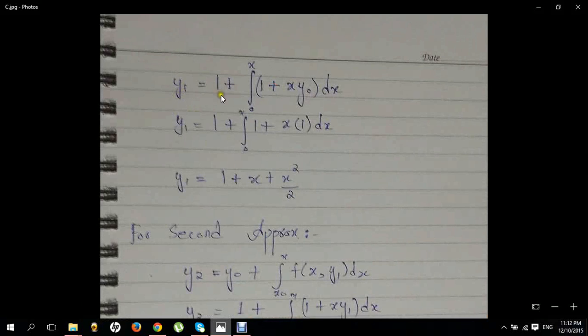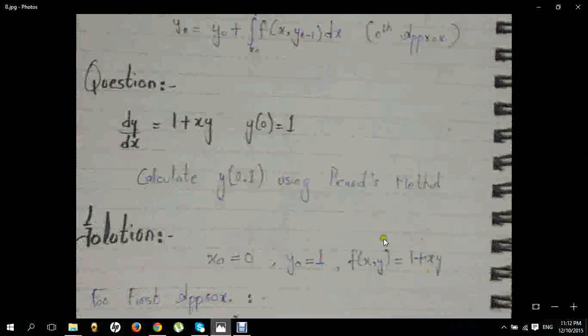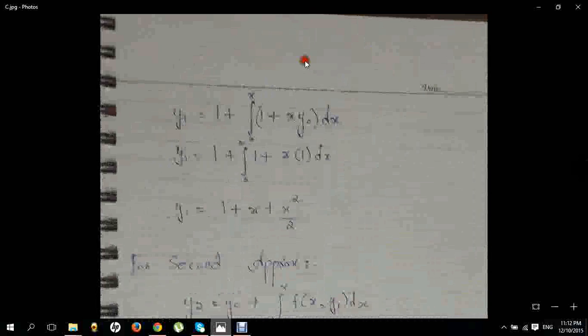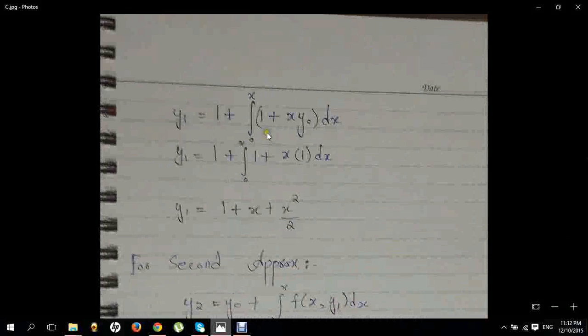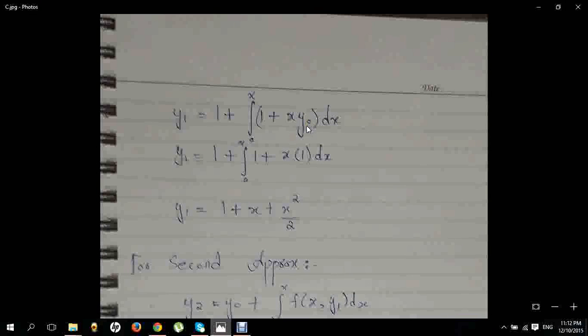So our y1 will be y0, which is 1, plus the integral of function of x0 and y0 dx. For our function, f of x and y is 1 plus xy, which is our differential equation. We have put this equation here. The thing to notice is that instead of 1 plus xy, we have put 1 plus x y0, because we use y0 in our first approximation.